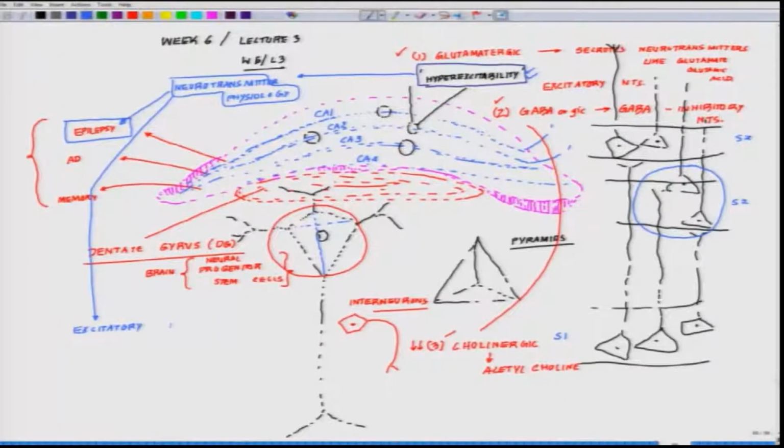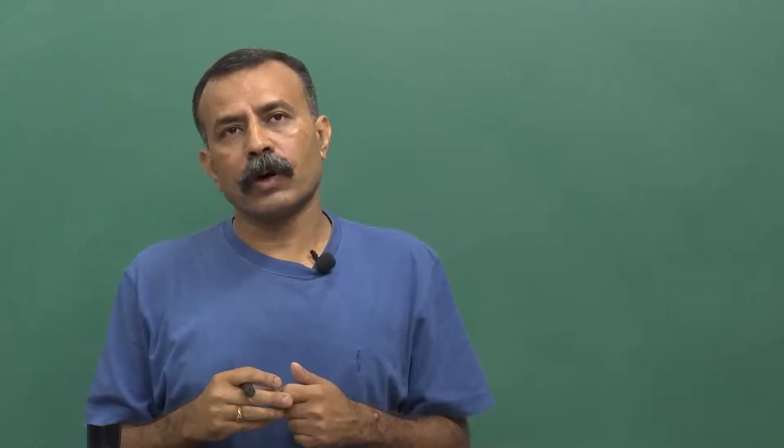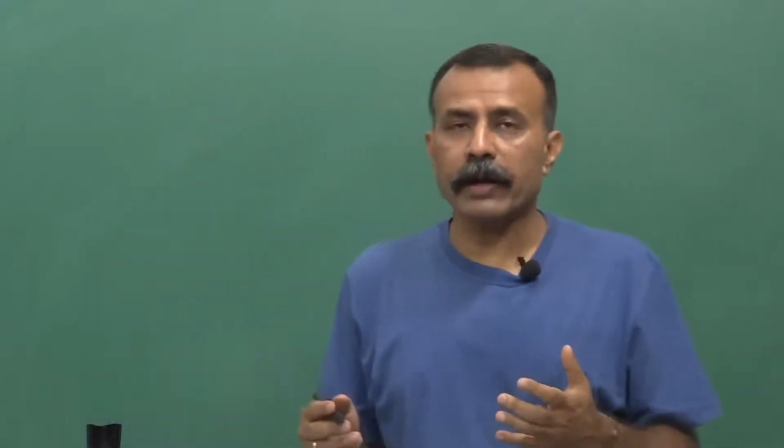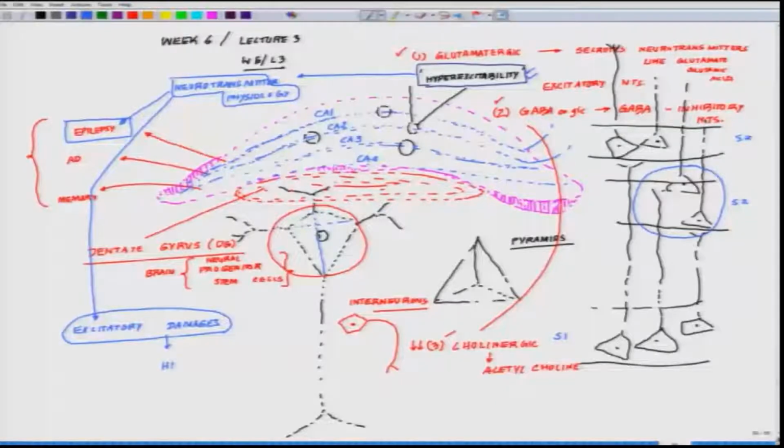Because in that location there is a hyperexcitable situation, it changes the excitable properties of the neurons around it, and at times, because of higher metabolic activity, they get damaged.